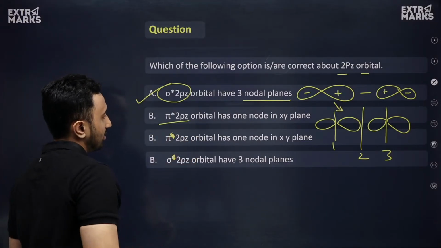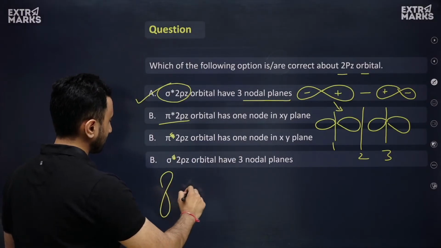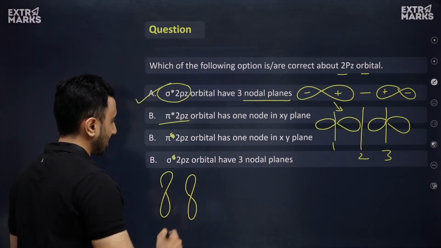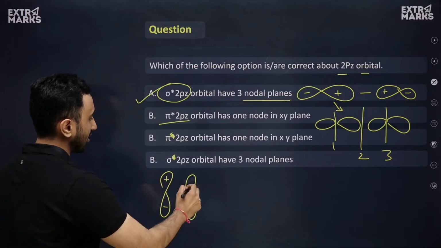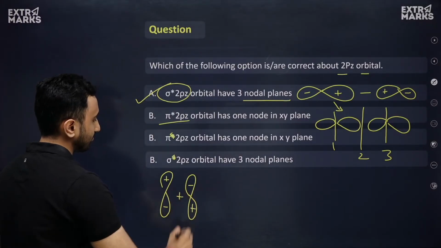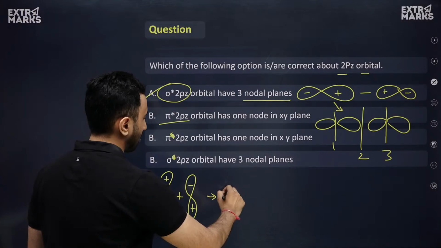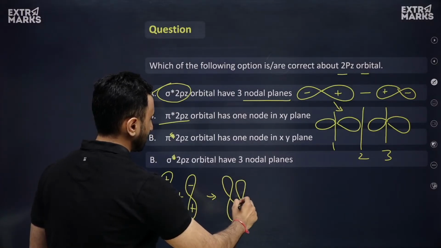Let's see. Pi star will be formed like this. Here we have plus, minus. Here we have minus and plus. When you simply add them, you will find that it will form this type of molecular orbital.